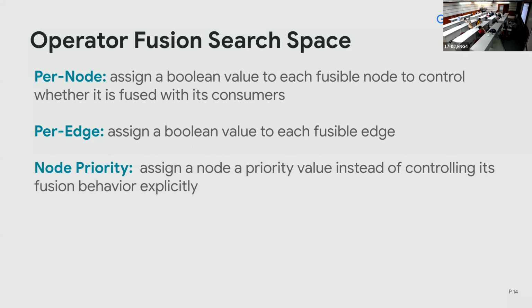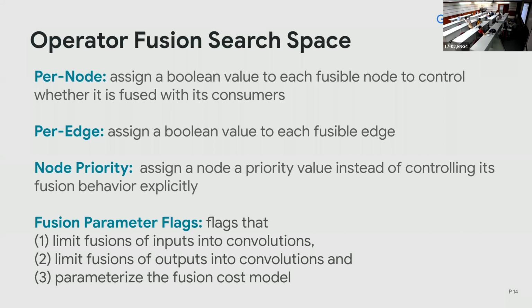The other thing we try is also a per-node configuration, but instead of controlling the fusion behavior directly, we control the priority value, which is something that the internal heuristic in the compiler uses to make the decision. So it's basically easy to make it work with the current compiler, so we tried that.